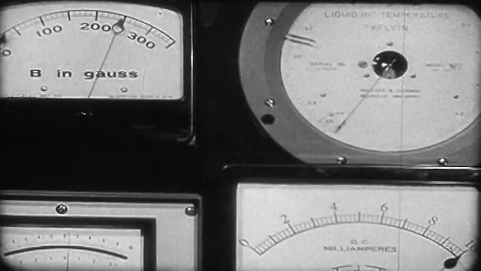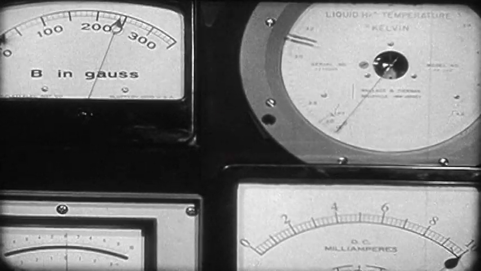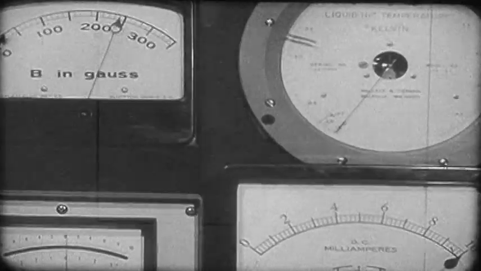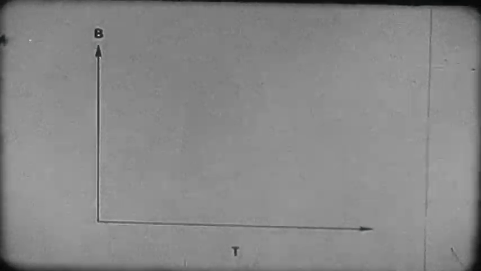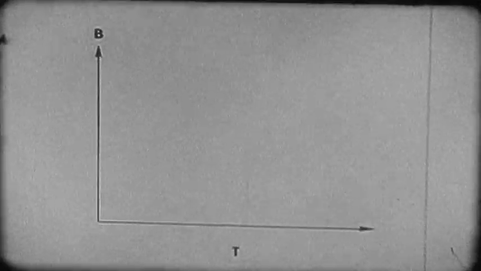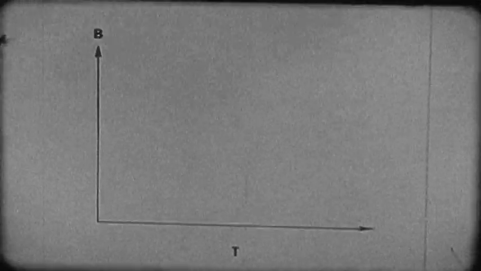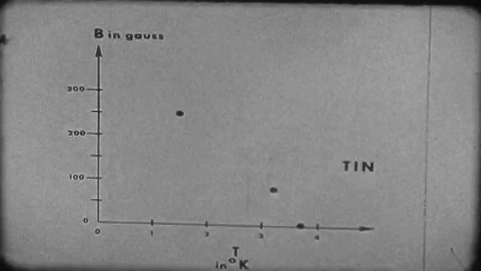At fields exceeding the critical value, the superconducting state cannot exist at a given temperature. We have discovered an important property. It is this: magnetic flux density is a state variable in superconductivity. Let us plot the three transition temperatures and associated critical flux densities.